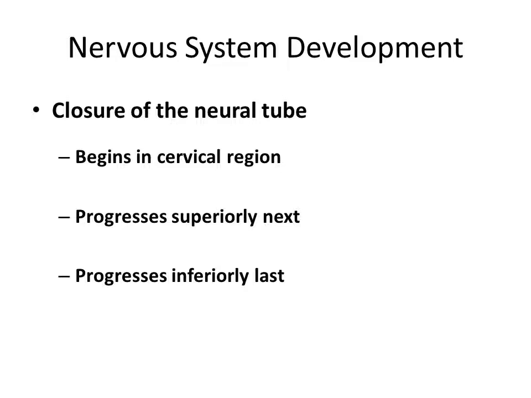This closure of the neural tube progresses in a specific order. It starts in the cervical region and then progresses superiorly and then progresses inferiorly. So the first place for the neural groove to close and become the neural tube is in your neck.